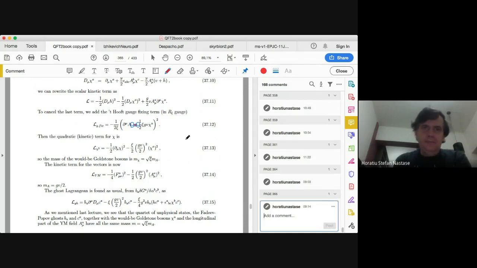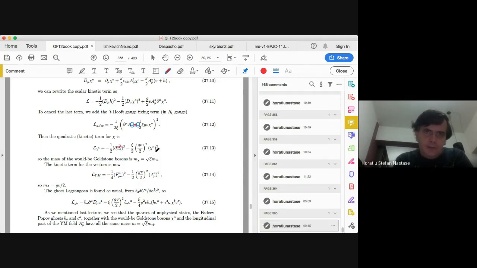Then the quadratic term for chi is minus a half (d_mu chi^a) squared, of course, minus psi over 2 (gv over 2) squared chi^a squared.